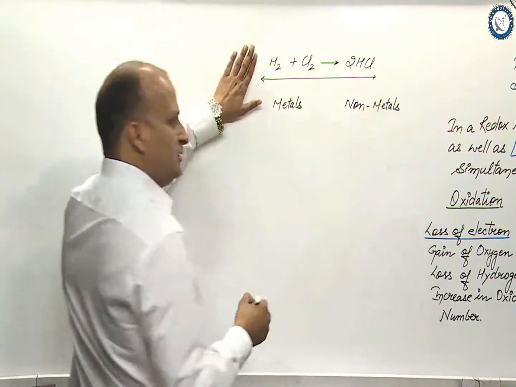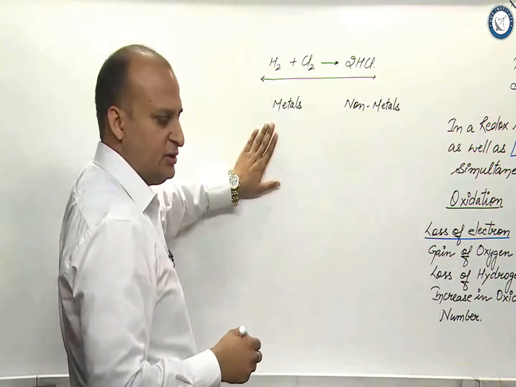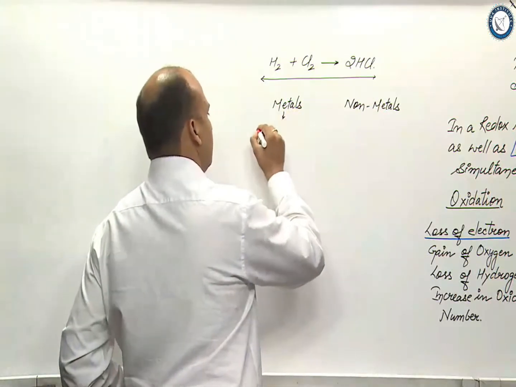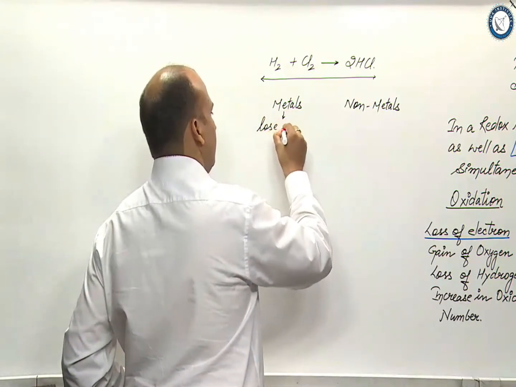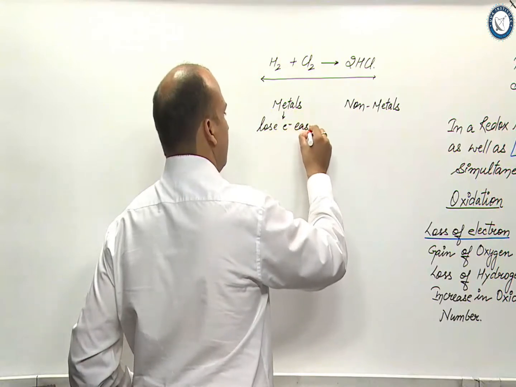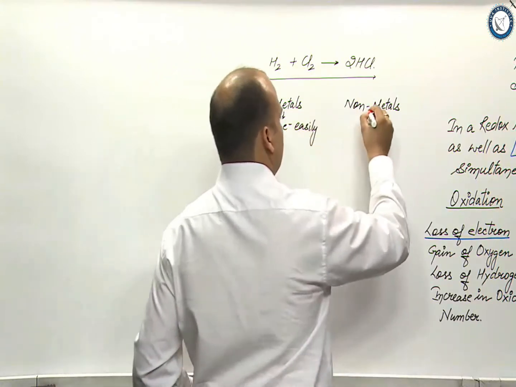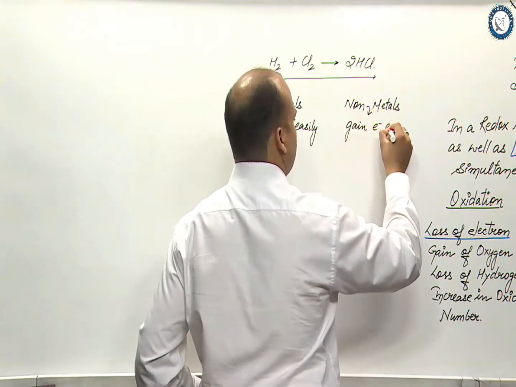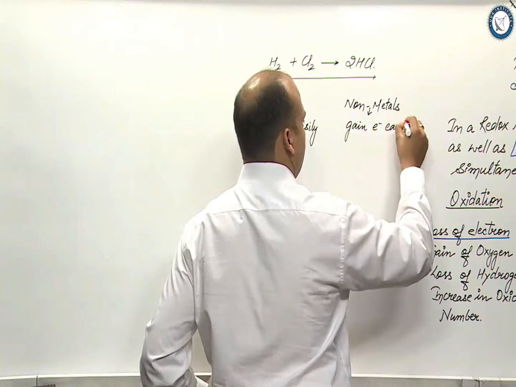I am teaching you the basics. Metals lose electron easily. Non-metals gain electron easily. Okay?